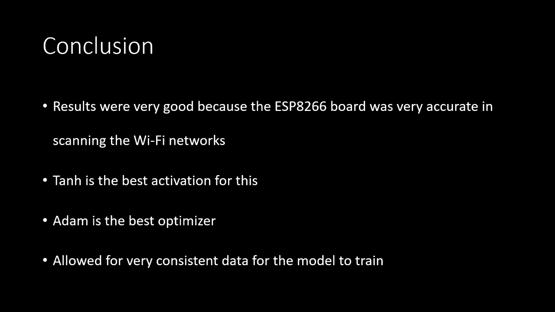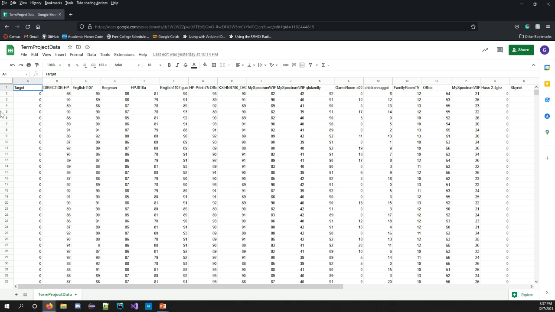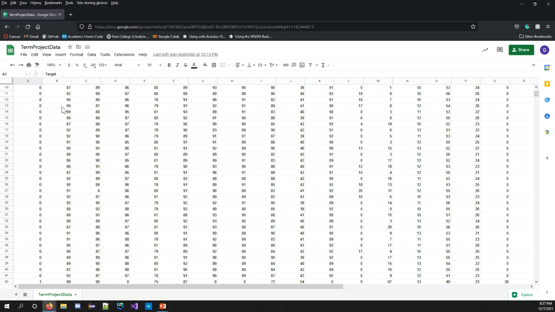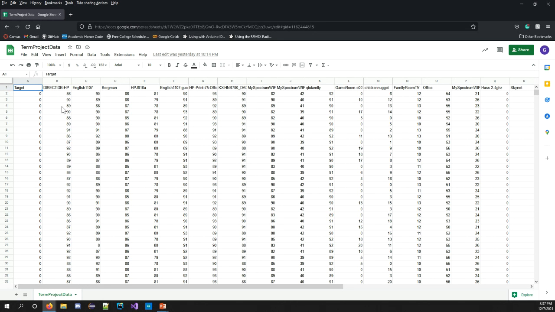So to conclude, the results for the 2 models were very good because the ESP8266 board was very accurate in scanning the Wi-Fi networks. You can see from the data that I'm going to pull up here again that for a lot of them, the strengths of the Wi-Fi networks were very, very consistent throughout each scan.